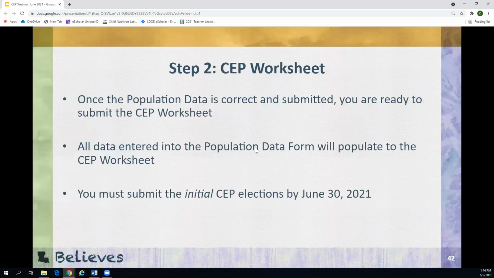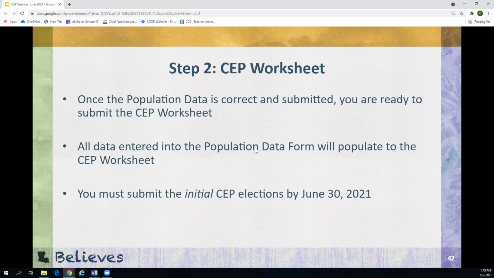So step 2 is the CEP worksheet. Once the population data is correct and submitted, you are ready to submit the worksheet. All of the data entered into your population data form would then populate to the CEP worksheet.